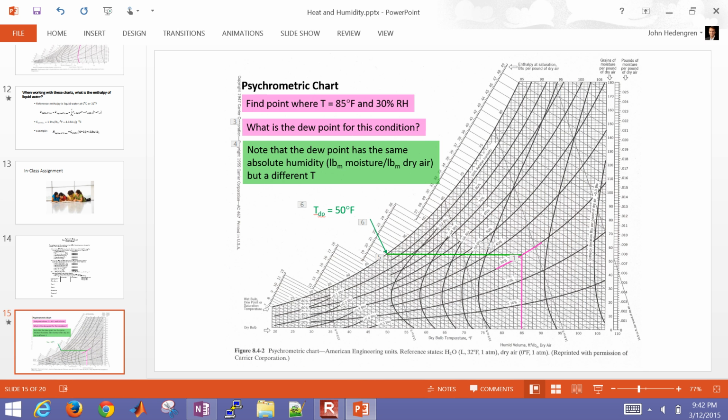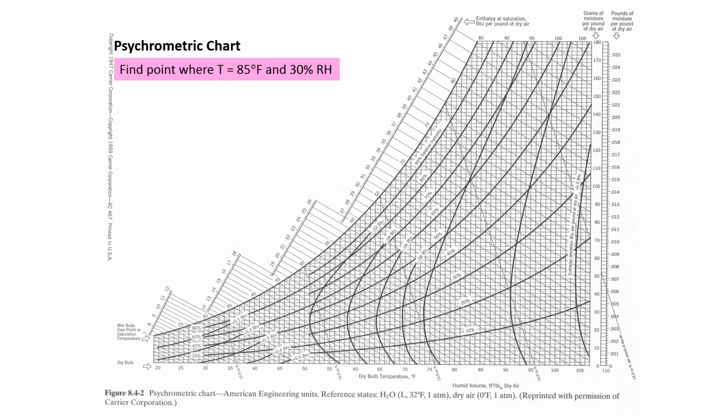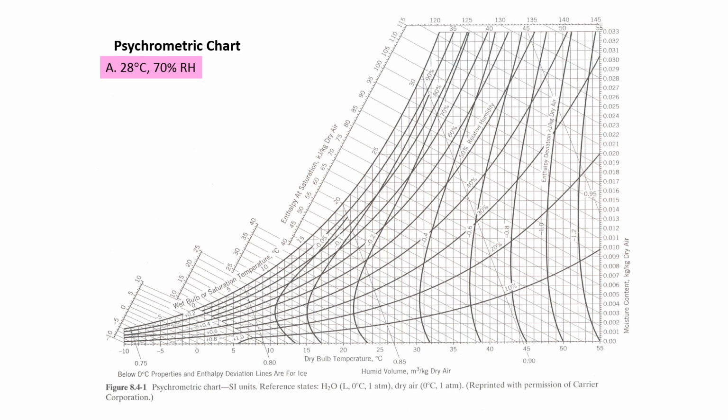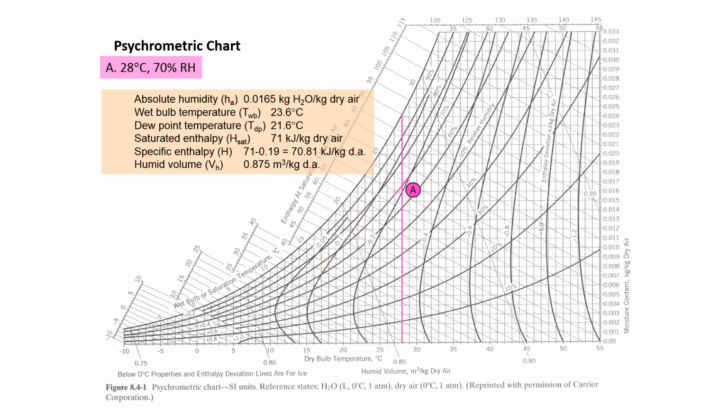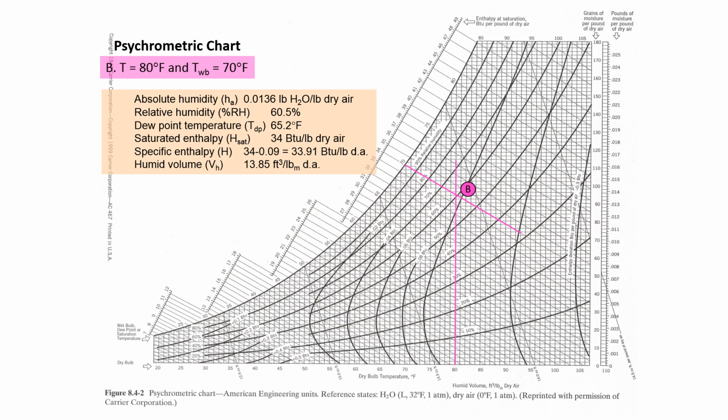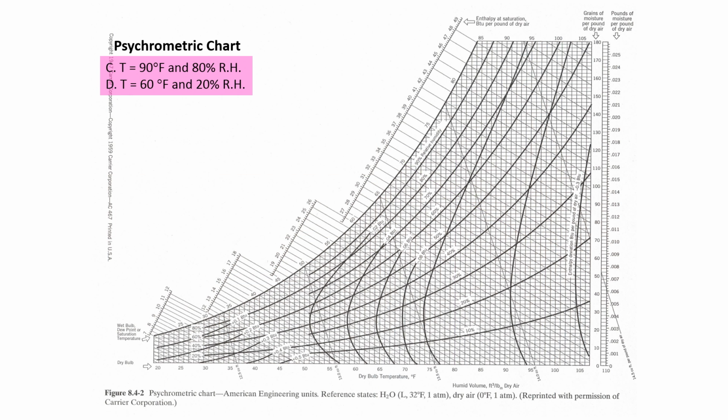Let me just go back and review that now. So here was point A that we talked about. Okay, and there are all the values for point A. Here's point B. Okay, and all the associated values with those.